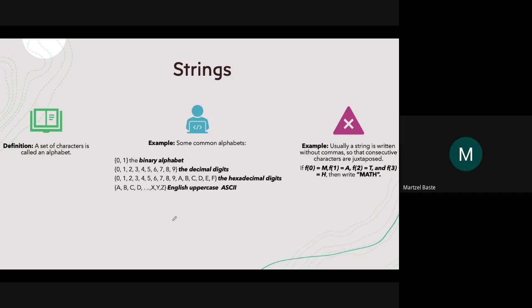In fact, they're more dynamic. In Java and Python, strings are more dynamic, and you can manipulate strings in various ways.